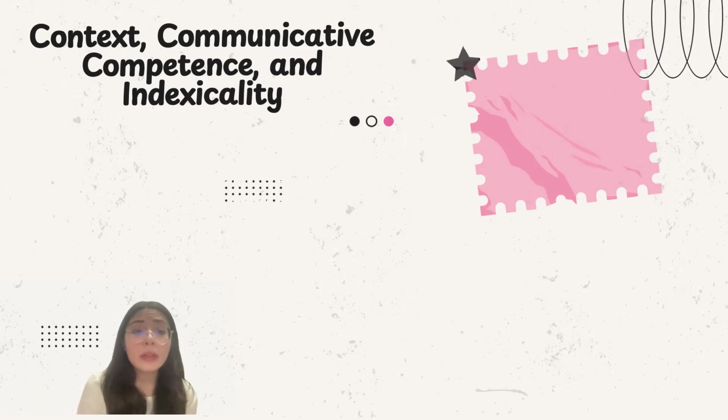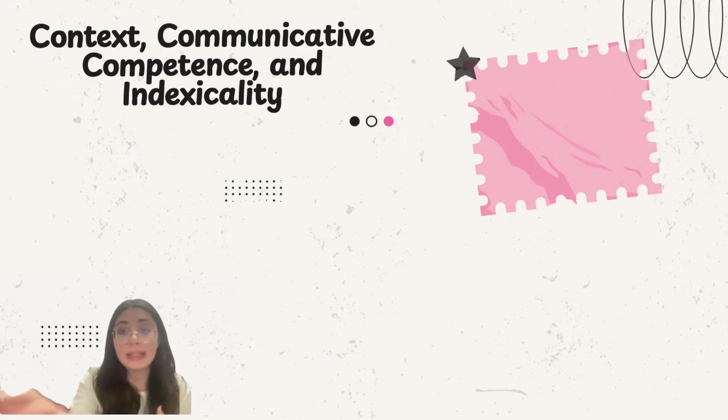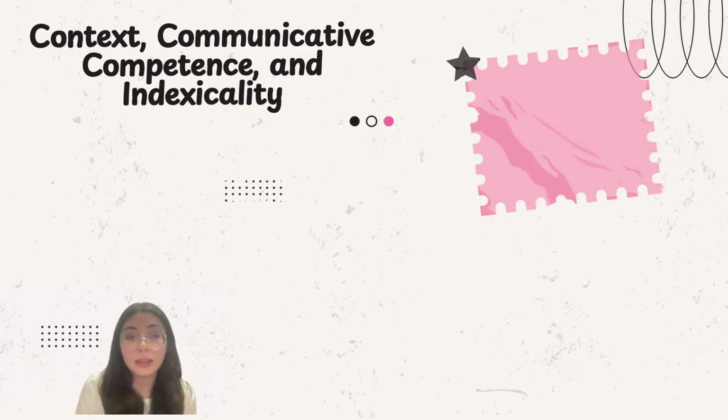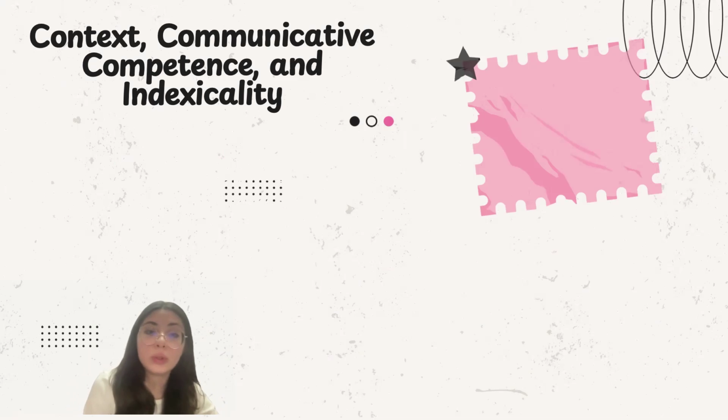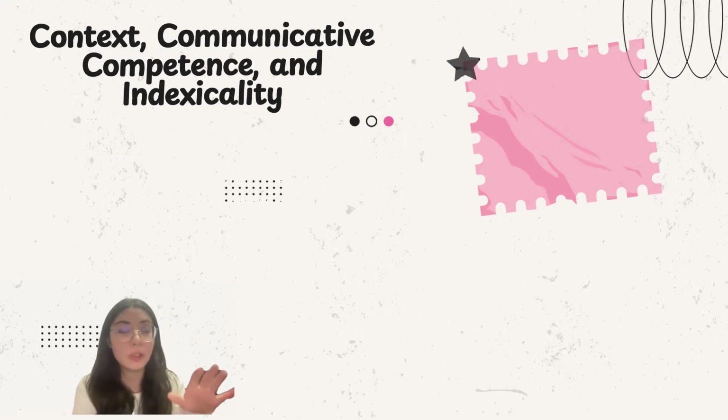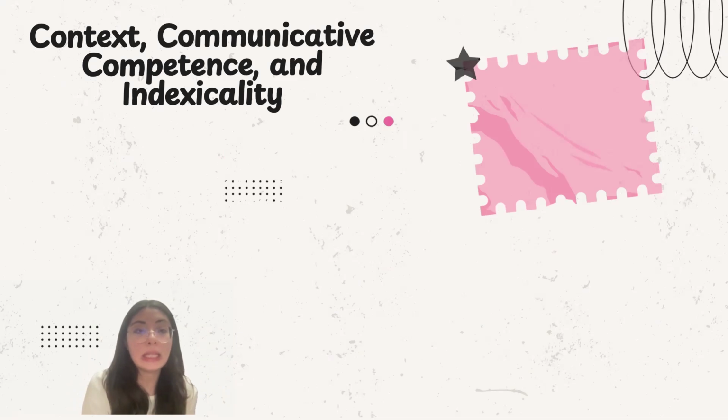The concept of communicative competence, developed by Dell Hymes, helps us to explain this process. Communicative competence refers not to universal rules of language, but to culturally specific ways of using language appropriately in particular contexts.